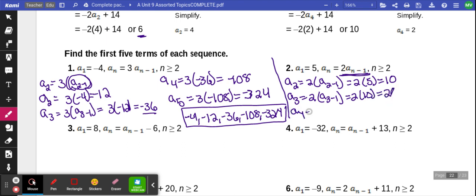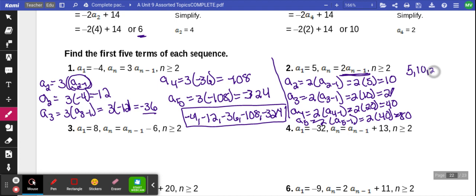A sub 4 is 2 times a sub 4 minus 1, which is the answer to a sub 3. So that's 2 times 20, which is 40. And a sub 5 is 2 times a sub 5 minus 1, which is the answer to a sub 4. So that's 2 times 40, which is 80. So our first 5 terms are 5, 10, 20, 40, and 80.